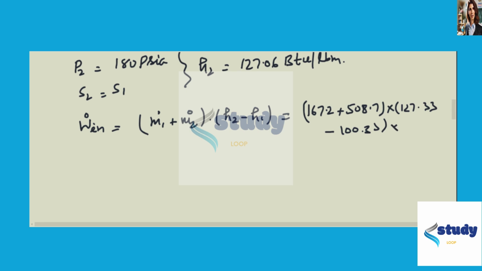Converting this value into kilowatt, 1 kilowatt upon 3412.14 BTU per hour, we will get the answer to be 5.293 kilowatt.